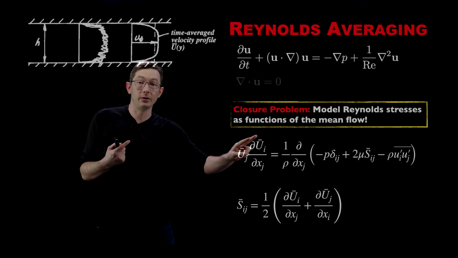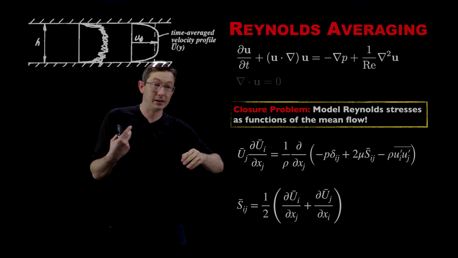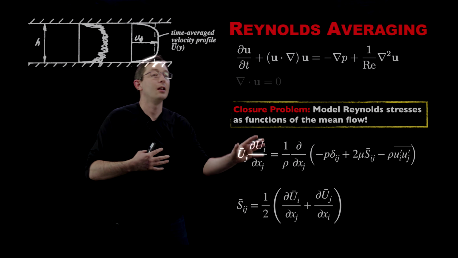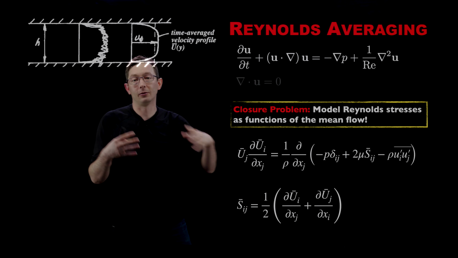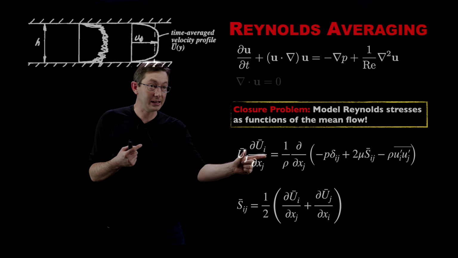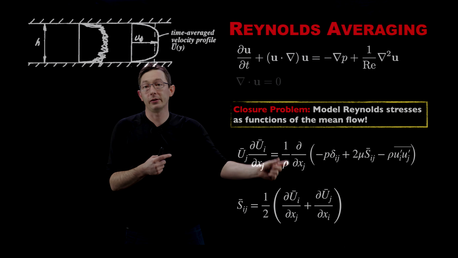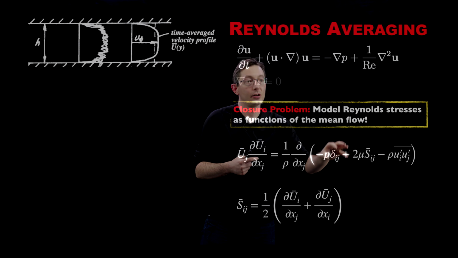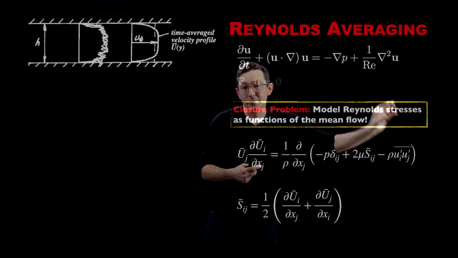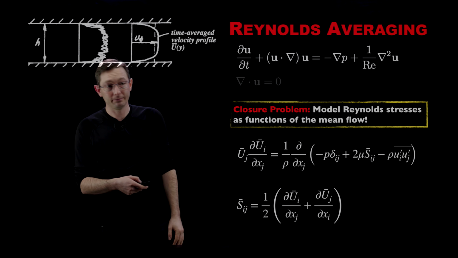If i equals 2, that would be the y equation. And if i equals 3, that would be the z equation. And so you can write the whole Reynolds averaged Navier Stokes problem like this, where I've pulled my partial derivative out, and all of these terms are my stresses. Okay, I've got my pressure, my viscous diffusion, and my Reynolds stresses here.